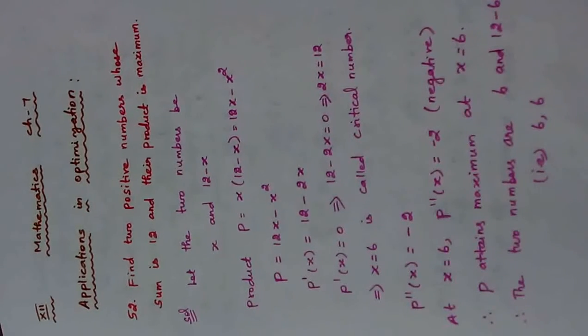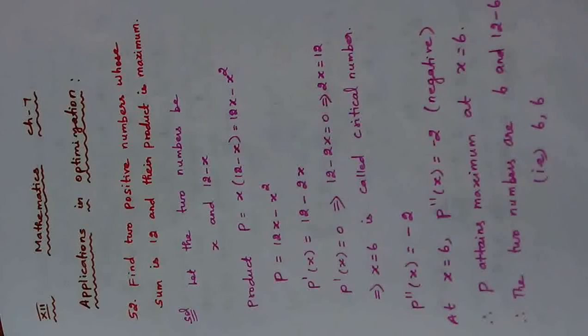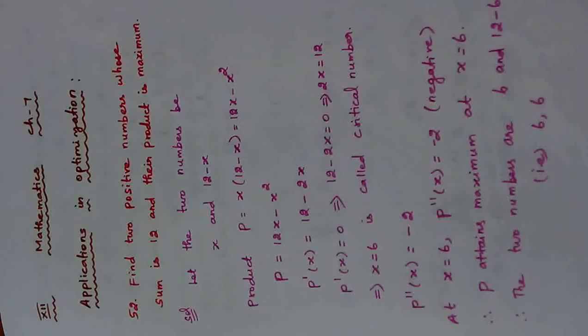And finally, we saw how to find local minimum and local maximum using the second derivative test also. We have seen 2 problems based on it. What we do is differentiate one time, put f dash of x equal to 0, and find the critical numbers.